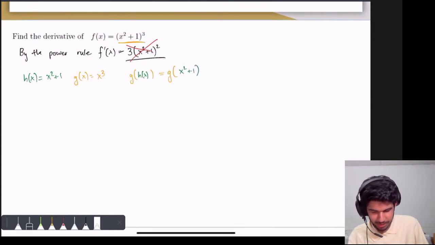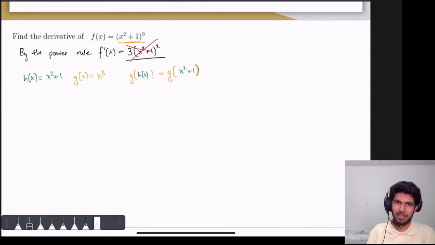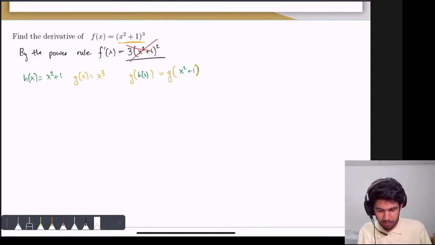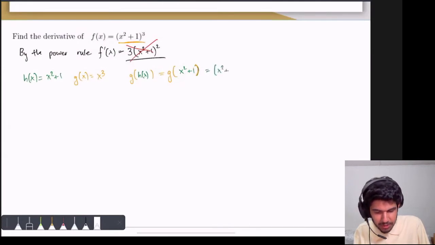And then I'll use the orange here. So I'm trying to use the colors to differentiate between the functions. And that is equal to x squared plus 1.